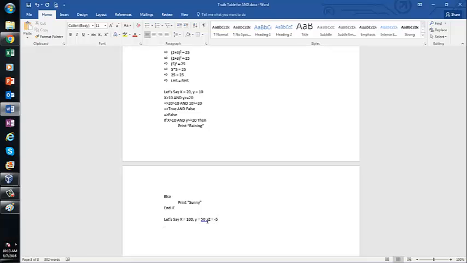Now the Boolean expression that I want to give you is x greater than 100, and y greater than y.